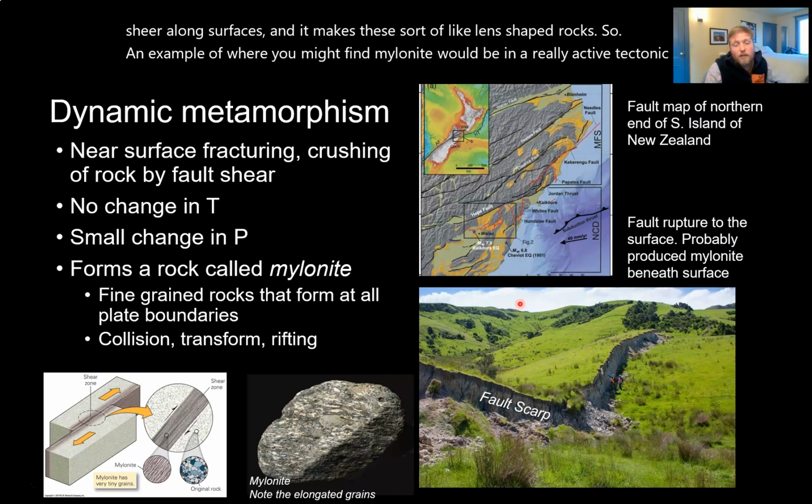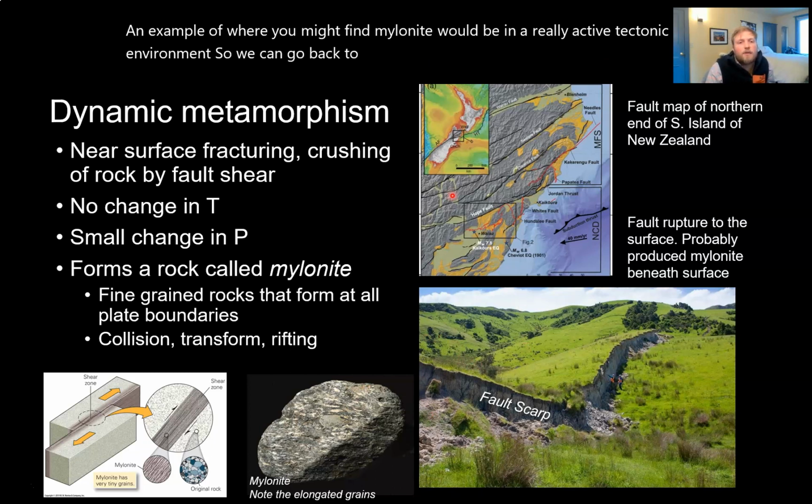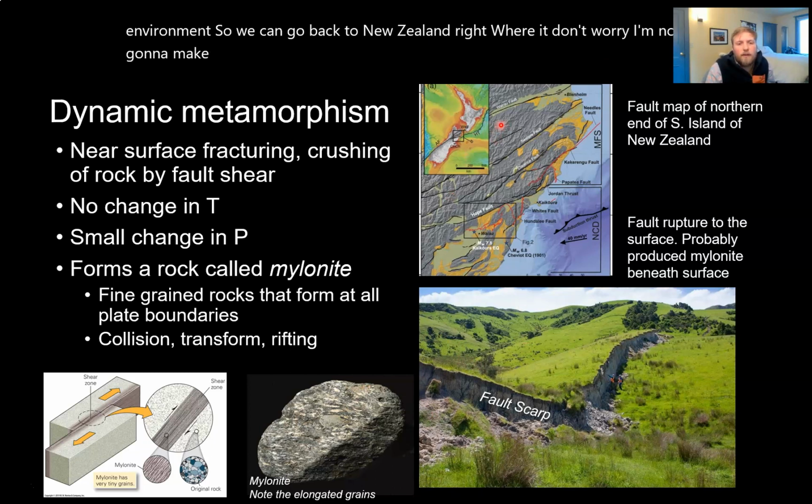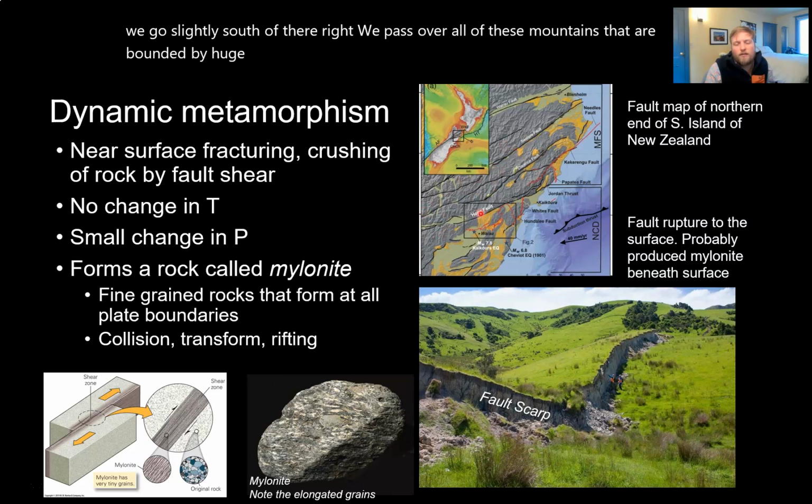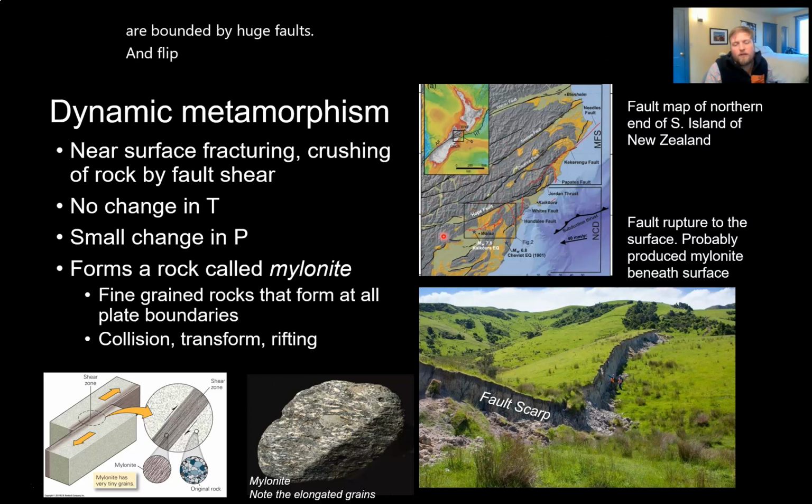So we can go back to New Zealand. Right? Don't worry, I'm not going to make you draw a river profile. But here is the Wairau River from Lab 9. And if we go slightly south of there, right, we pass over all of these mountains that are bounded by huge faults. And slip and movement along those faults produces a lot of earthquakes.